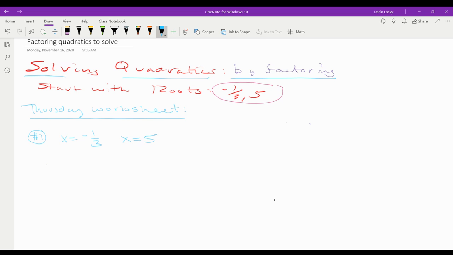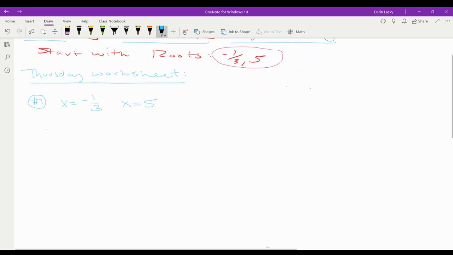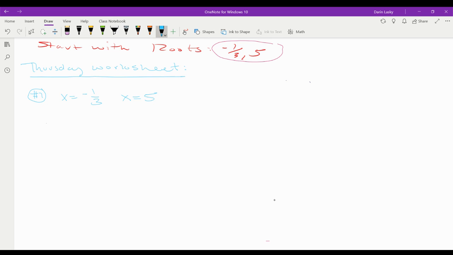Okay. So what they want you to do is work backwards and find the quadratic equation that goes with it. So we're going to take these and make their own equations. I'm going to add 1/3 to both sides, and I'm going to get x plus 1/3.